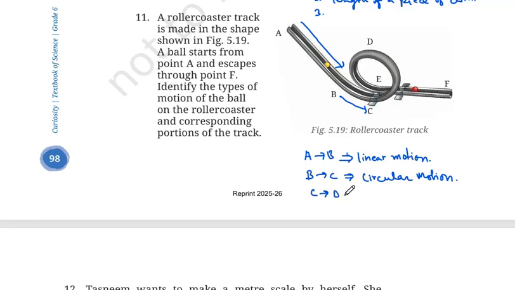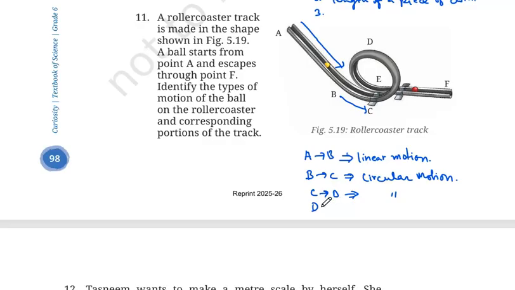C to D, circular motion. I'm not writing it again. All right. Now, D to E is also circular motion. If you take parts, you can also say that these are curved motion.